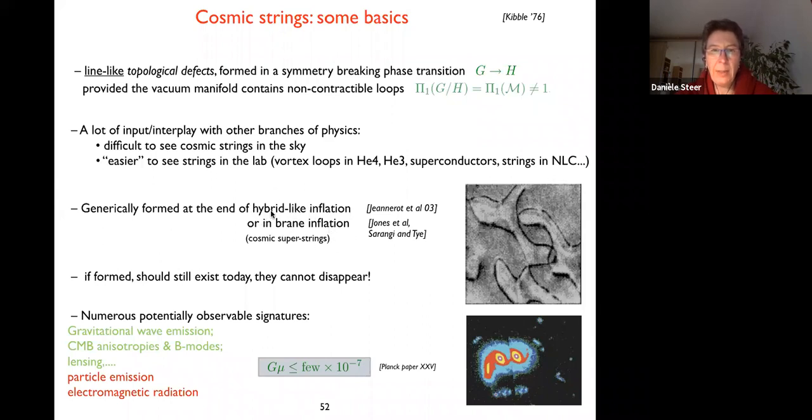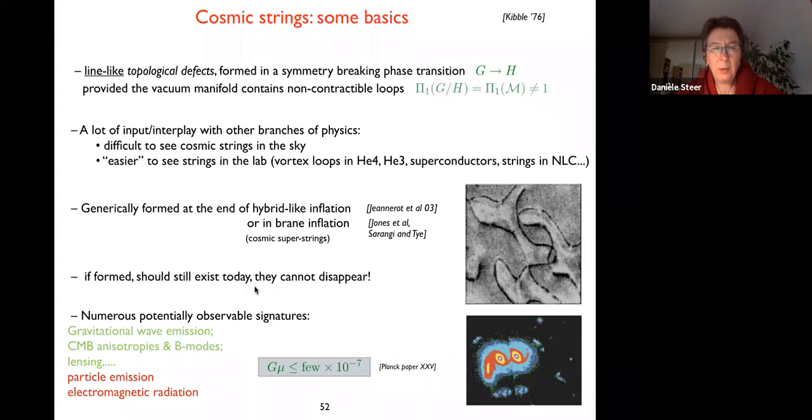But there are arguments around that show that many of the phase transitions that one would expect in the early universe all come with this condition which is satisfied, which means that strings must form. So if you accept the fact that there may be symmetry breaking phase transitions in the early universe that can form strings, well, the thing about those strings is that they can't disappear because they're stable.